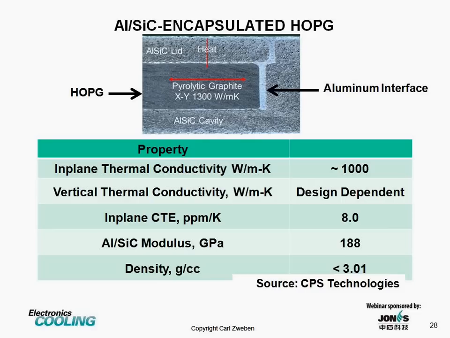The vertical thermal conductivity depends on the particular design, how much pyrolytic graphite you have, and so forth. The in-plane CTE is basically that of the AlSiC, which is 8.0 in this case. The modulus of AlSiC is 188, which compares with 70 for aluminum. So we have a material that actually has a higher stiffness than titanium, with a density in the range of aluminum, in this case 3.01.